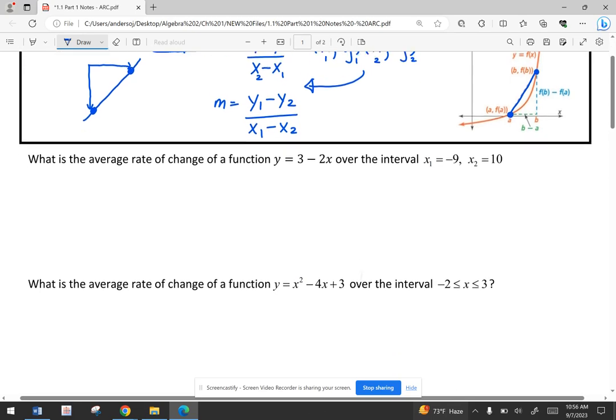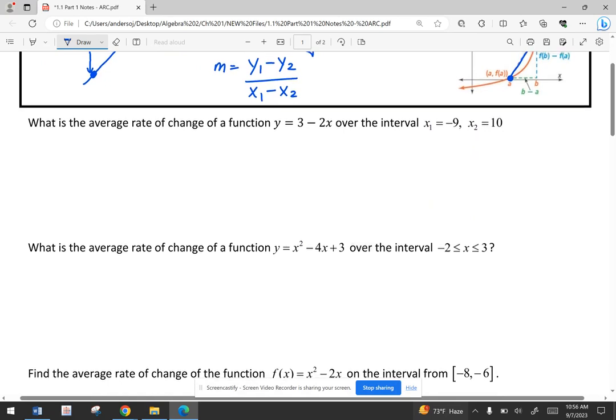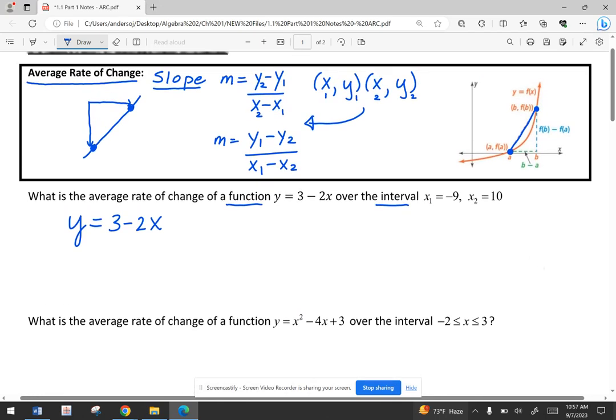So the first example says, what is the average rate of change of a function? Now, that may be a word you haven't heard before. A function is just an equation. So they want us to use the equation 3 minus 2x. And they want us to find it over the interval. Again, that may be a word that you haven't heard before.